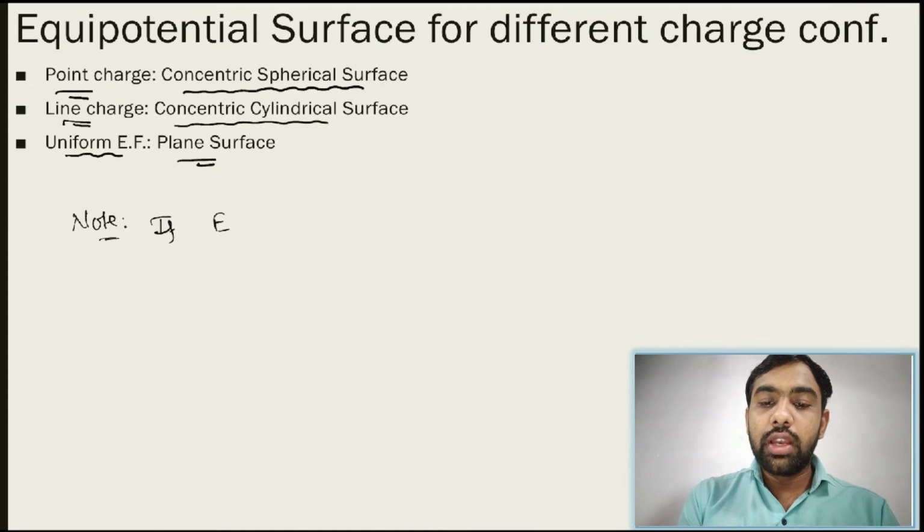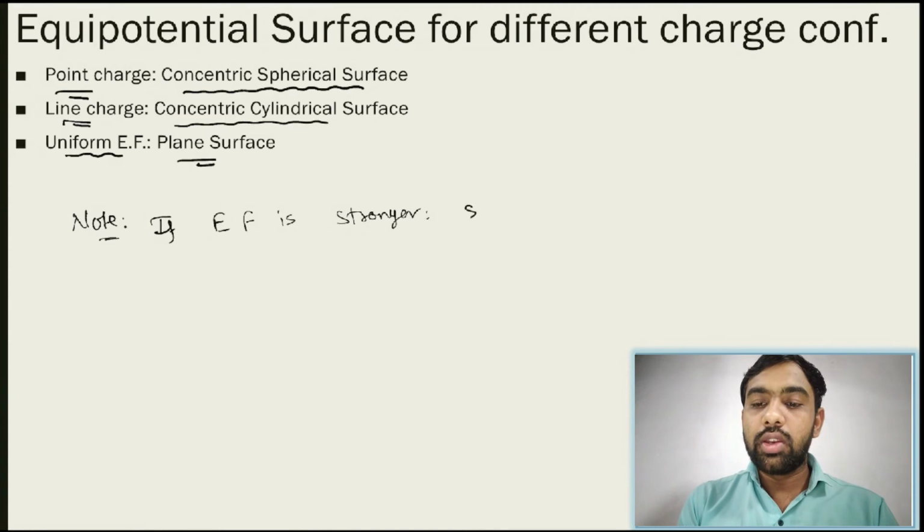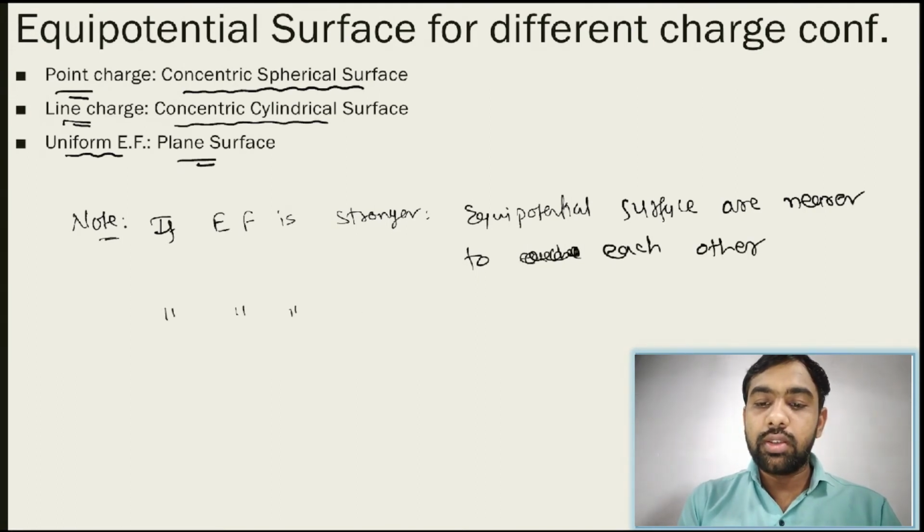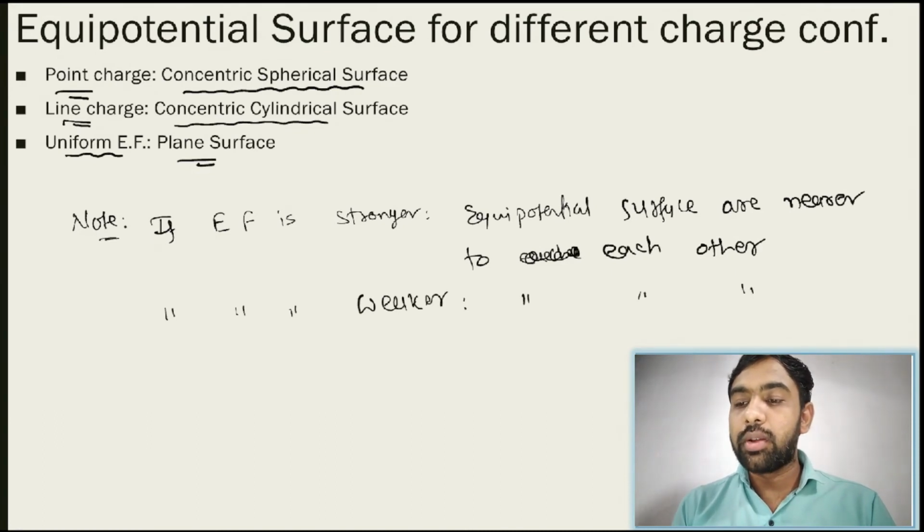And you must note something here. If the electric field is stronger, then equipotential surfaces are nearer to each other, and if the electric field is weaker, then equipotential surfaces are away from each other.